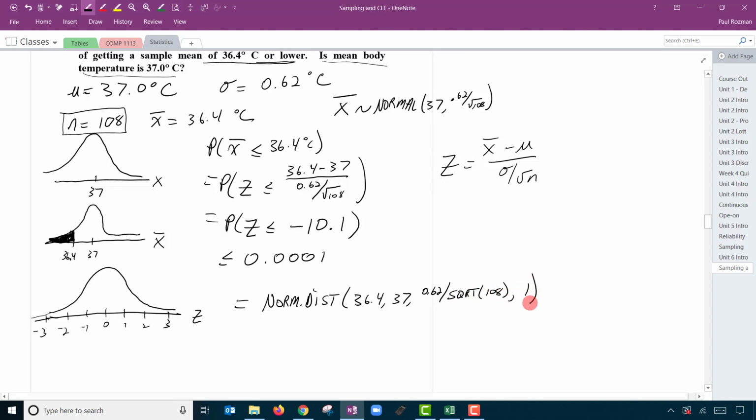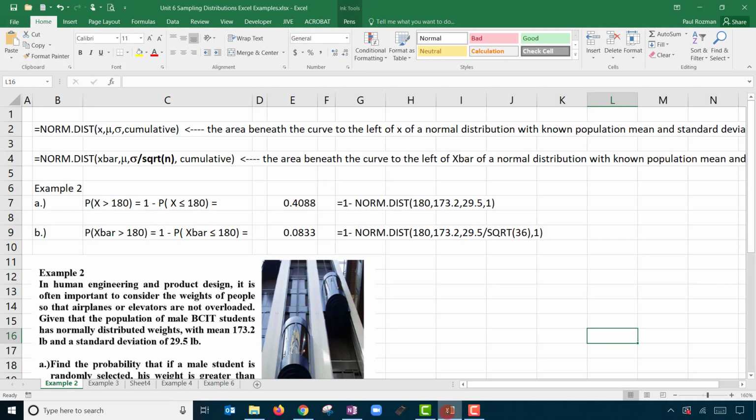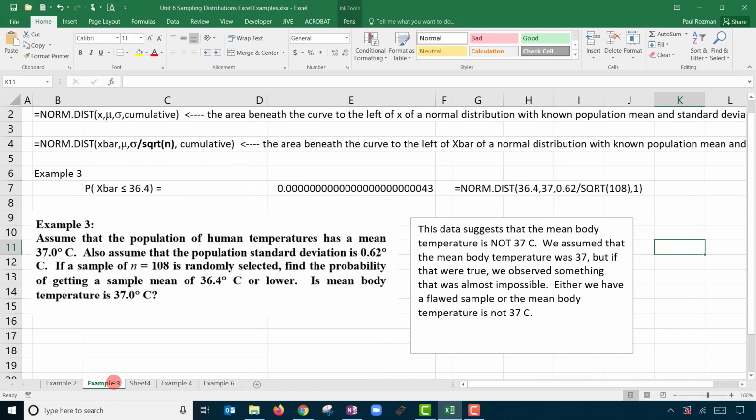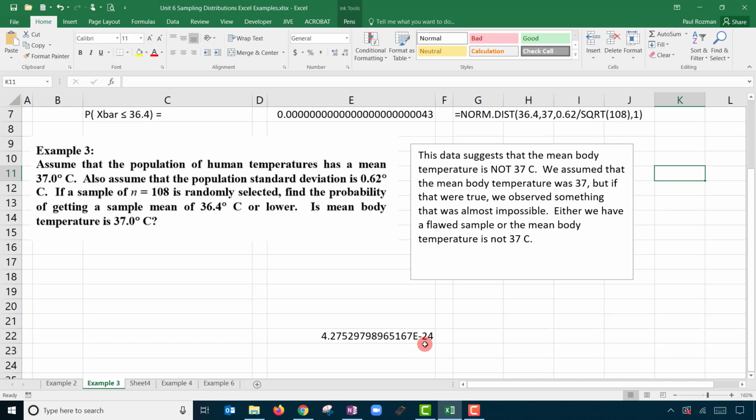And yes, it's cumulative. We go to our trusty Excel. I've already done it here for us. It's exactly what I just wrote out. The chances are really, really, really small, just like we thought. It's 10 to the minus 24.